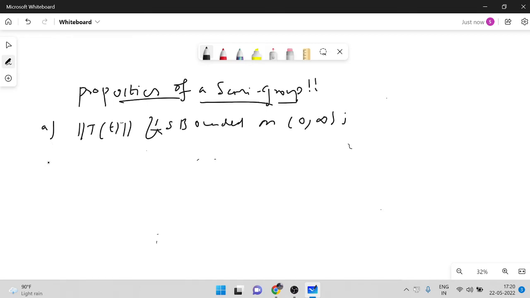The proof requires something called the uniform boundedness principle. So it's kind of mathematically robust. So let me omit the proof of this. I don't want to burden you. So basically the norm of T of t is less than or equal to M e power omega t.